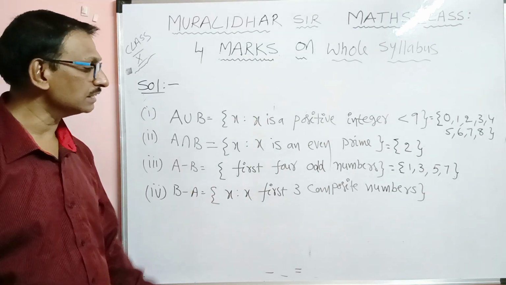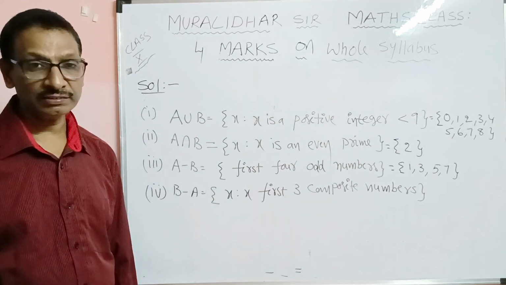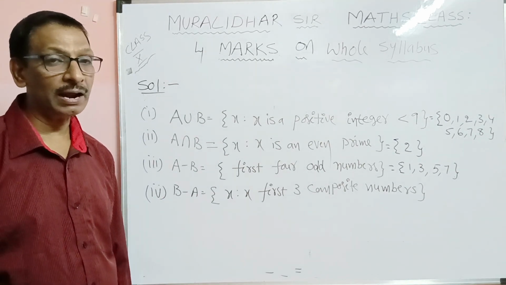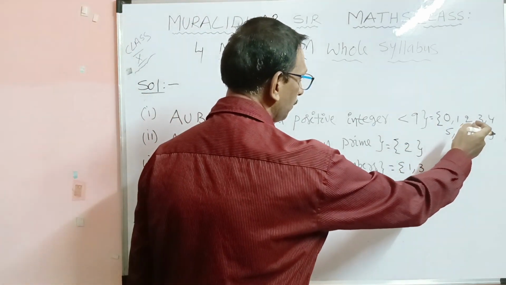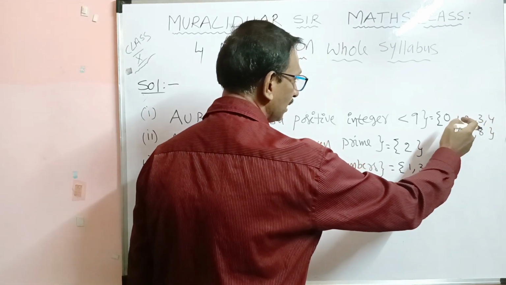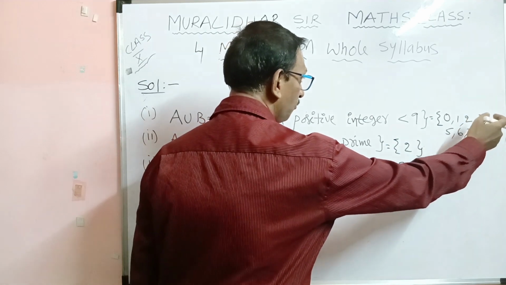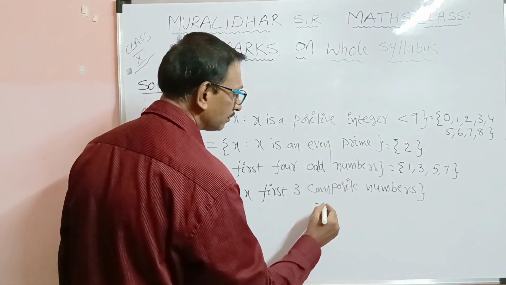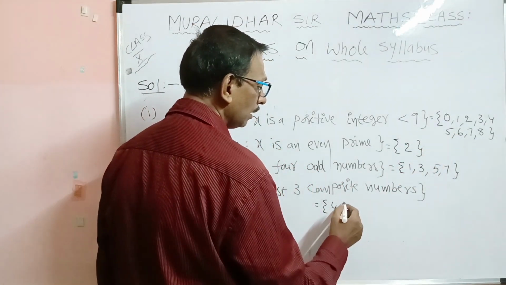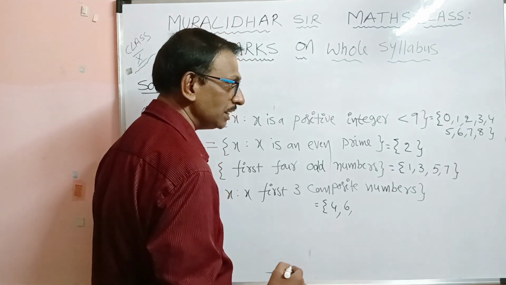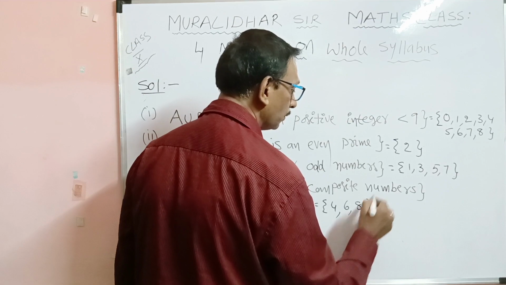Next, X such that X is the first three composite numbers. Composite numbers అంటే prime numbers కానివి. మనకి దీనిలో composite numbers వచ్చేసరికి 1 is neither prime nor composite, 2 is prime, 3 is prime, 4. అంటే మనకి ఈ సెట్స్లో 4, నెక్స్ట్ 5 is a prime and 6 is second composite, 7 is a prime and 8 is third composite.